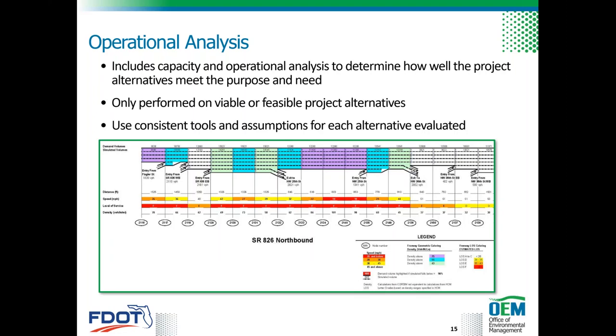The PD&E Manual Part 2, Chapter 3, the Engineering Analysis chapter, provides guidance on how to evaluate the alternatives. In order to rationally compare multiple alternatives, the same assumptions and a consistent set of tools should be applied. That's basically to compare apples to apples.